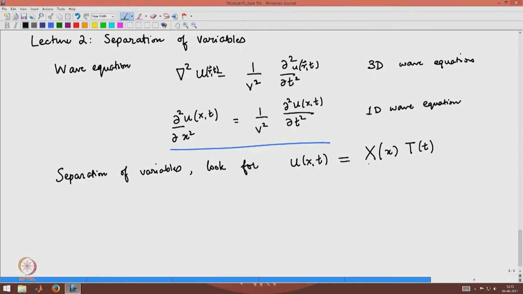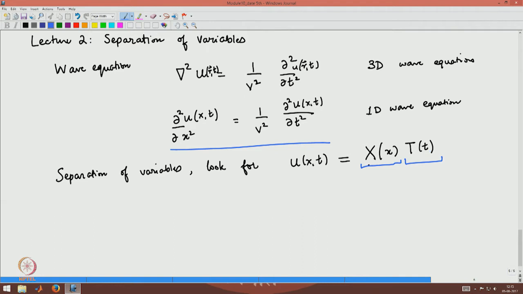So X(x) is a function only of x, T(t) is a function only of t. So what we did is we wrote this total function u(x,t) as a product of two functions, one which is a function only of x and the other which is a function only of t.